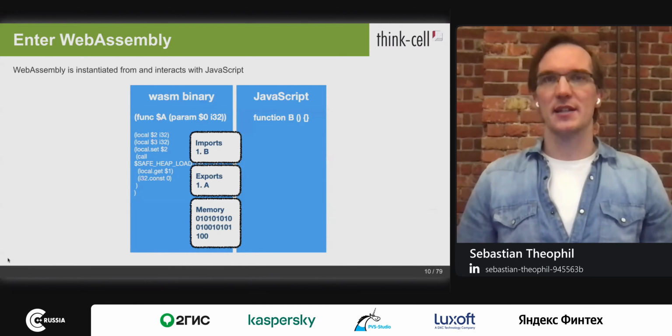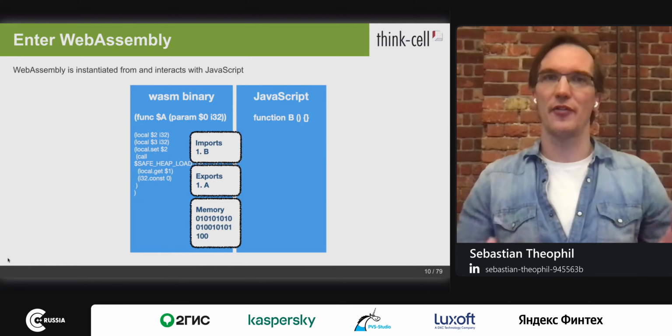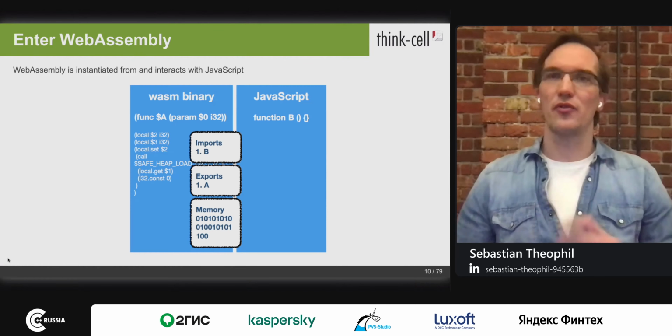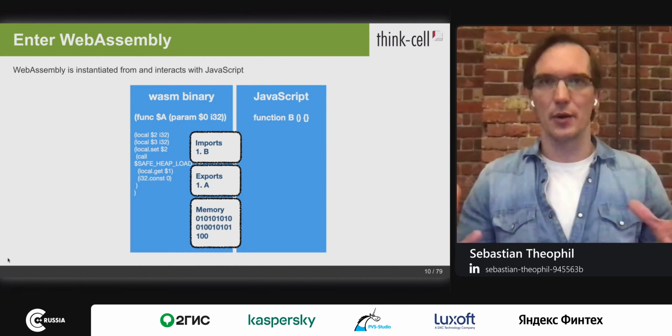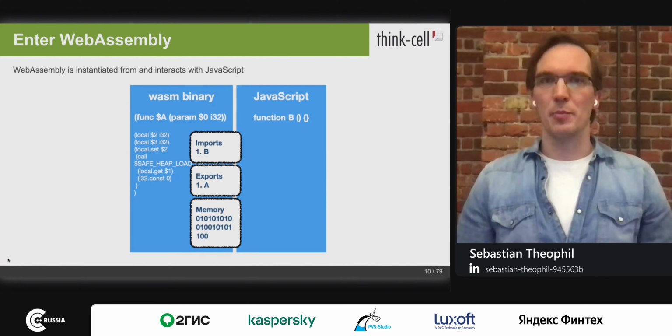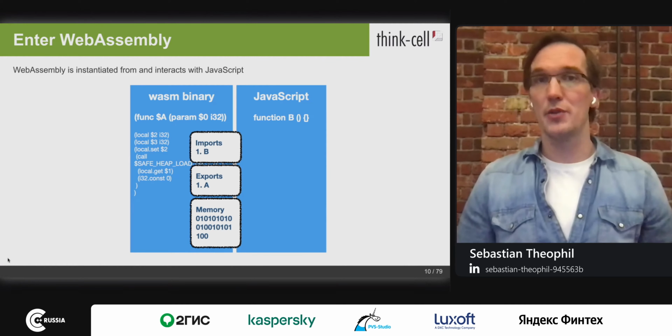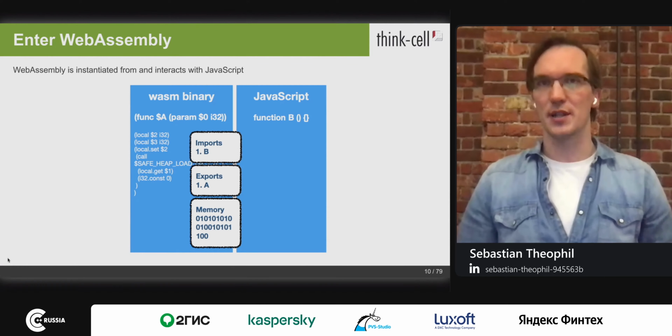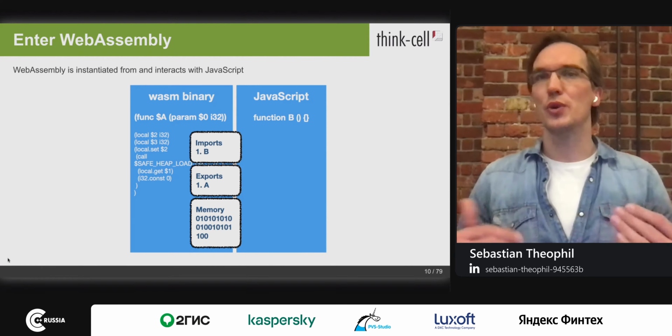Usually, WebAssembly is instantiated from and interacts with JavaScript. So here on the left, let's say we have our WebAssembly binary, which defines a function A. And on the right, we have the surrounding JavaScript world inside our browser that defines a function B. Now the WebAssembly module can declare that it would like to import the JavaScript function, and it would like to export its own function. And now these two can call each other.